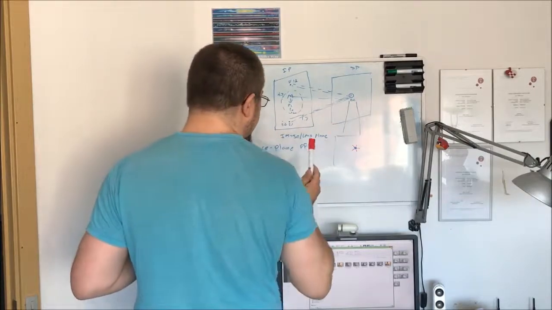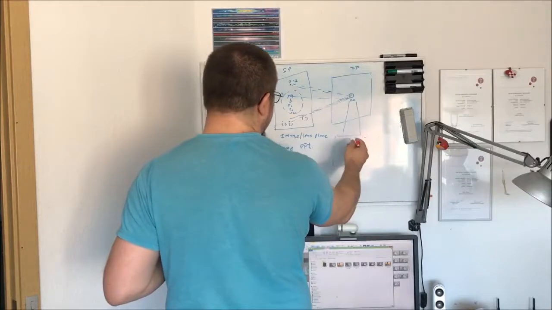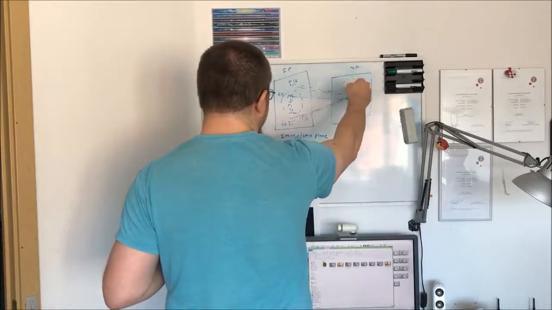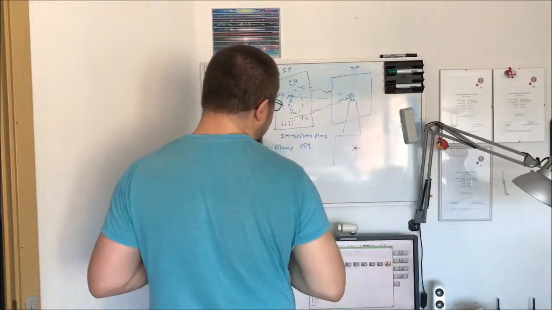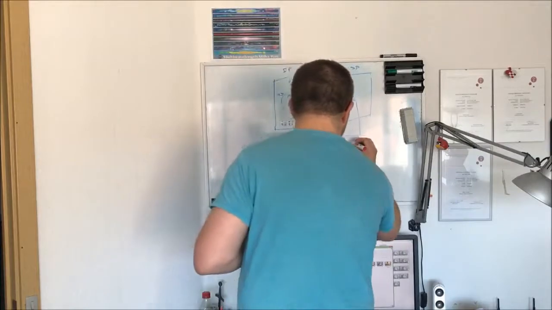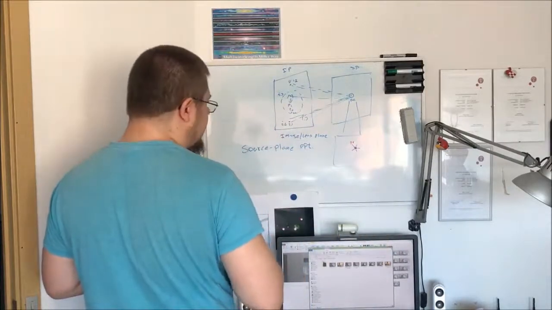So the best we can do in the source plane is to take the mean value, the mean of the estimated source positions of all the images together. This could for example be the source position for image 1,1.